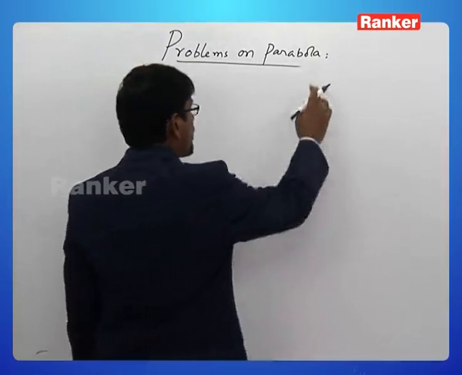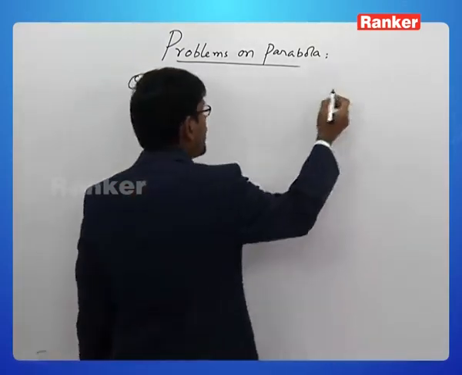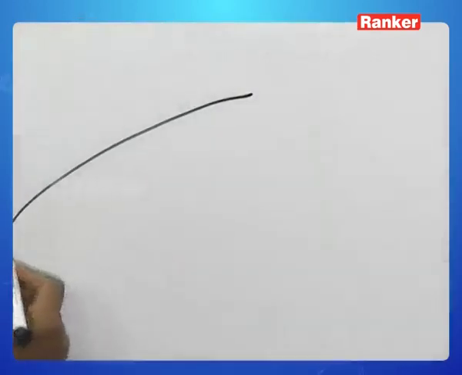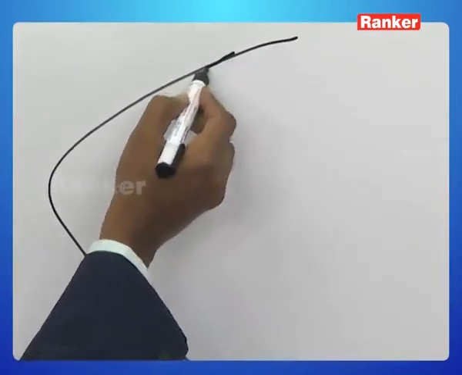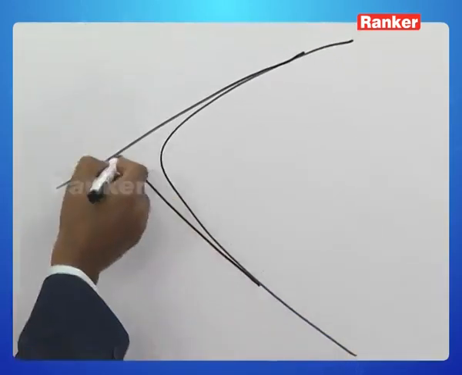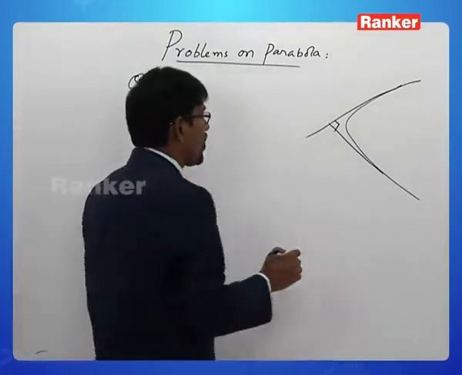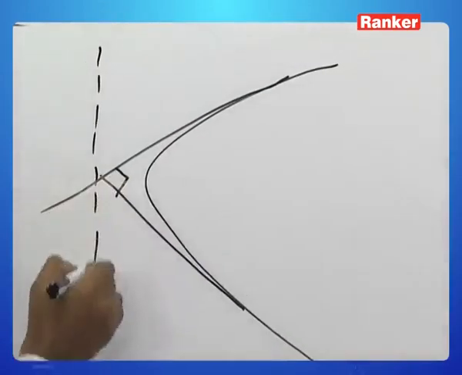Now, let's understand one fact here. Whenever you have two perpendicular tangents drawn to the parabola, they meet on the directrix.